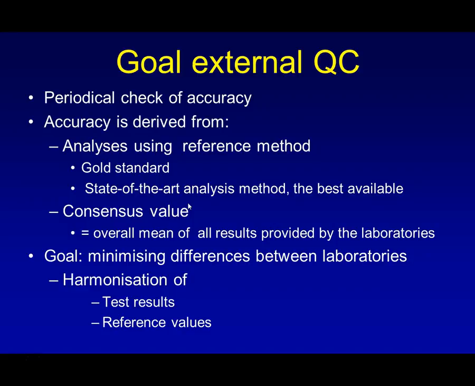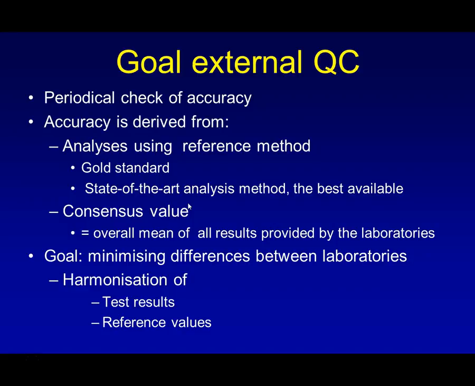The goal of external quality control or proficiency testing is minimizing differences between laboratories, and in your syllabus there's a nice example which uses glycosylated hemoglobin standardization to show that after standardization there is less difference between laboratories.